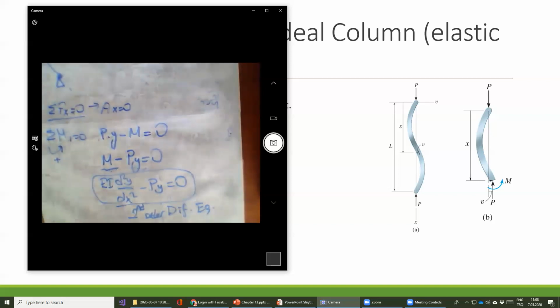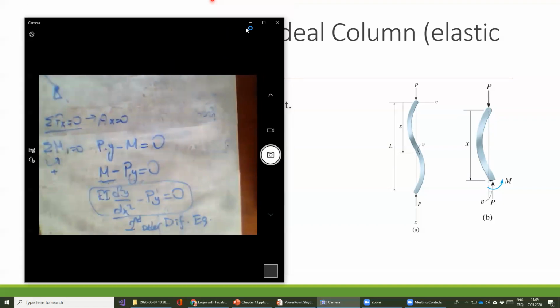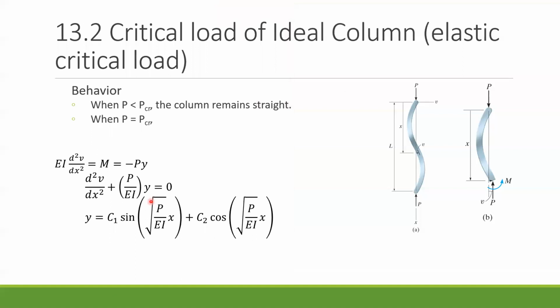I don't want to use separation of variables. Maybe you took differential equations or not, I don't know, but we can use separation of variables here. I don't want to solve the whole system. After solving this differential equation, we obtain a solution like this with two coefficients.